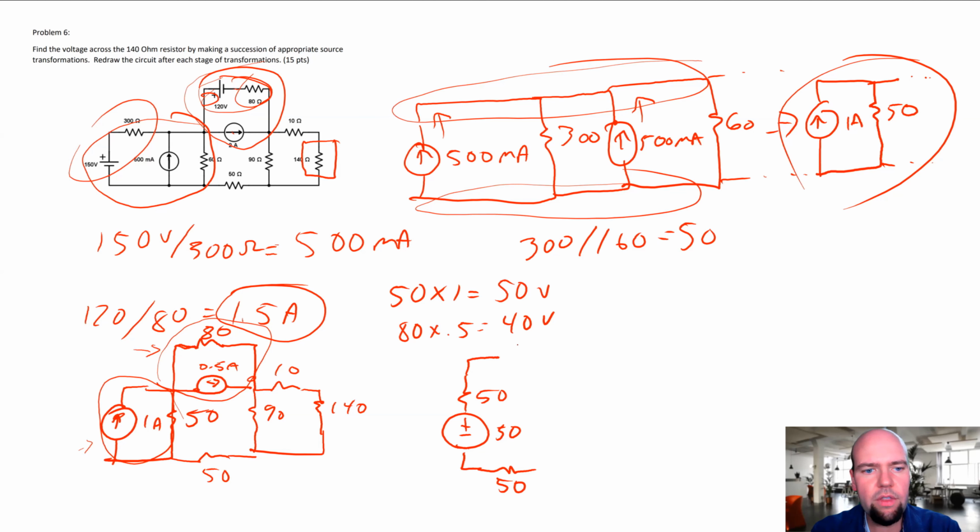And then on this other guy over here, now again the current supply is going from this node to this node, so the positive side has to be oriented on this node. And that one was 40, and then in series with an 80. And then we had a 90 and a 10.